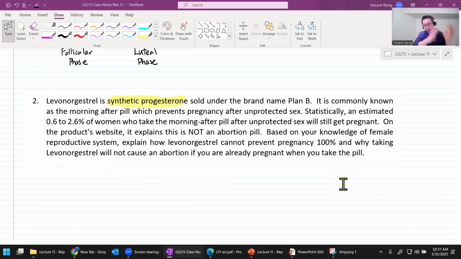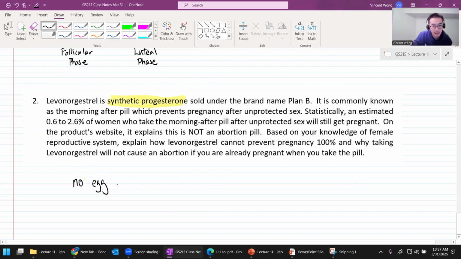They had unprotected sex, sperm is in the body, but no egg in the system yet. Ovulation has not occurred yet. How does taking this help the situation?